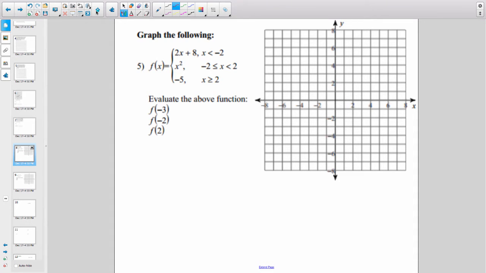Okay, so let's graph those points. Let's take the line. We had some points over here. I believe it was (-2, 4). And right away, I see something incorrect. Look at the domain for the line. It's less than -2.